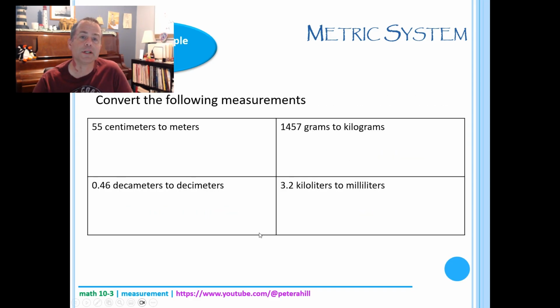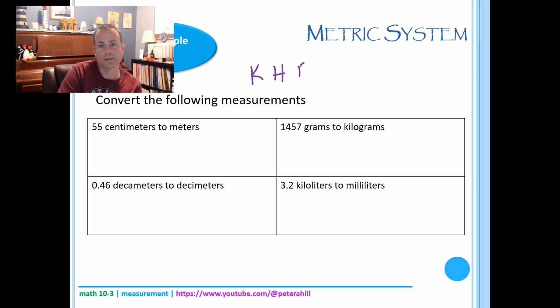Okay, so now what we're going to do in this class example number 2 is convert the following measurements. In order to do this, I am just going to write up top here, King Henry died unexpectedly drinking chocolate milk. And I'm going to think about 55 centimeters to meters. So that's going from C to my unit. So I'm going 1, 2 to the left.